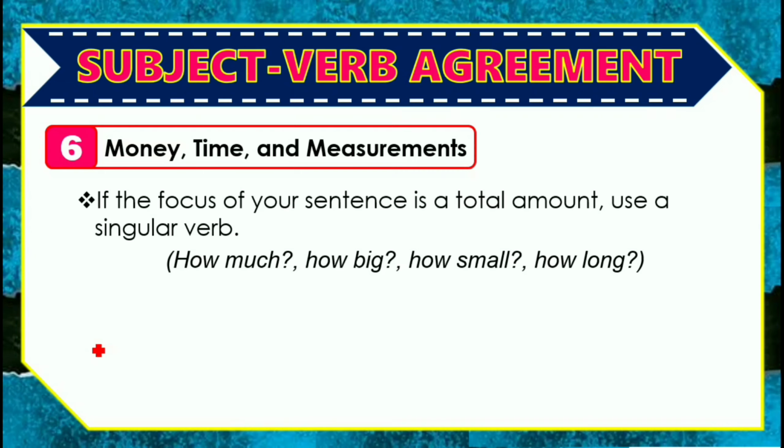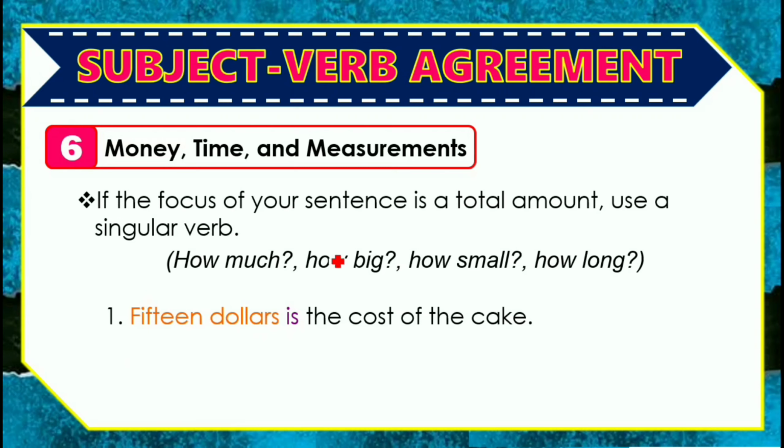These questions suggest a total amount, and that means you need a singular verb. For example, $15 is the cost of the cake. How much does the cake cost? $15. So that is our subject, and your focus is on the total dollar amount.